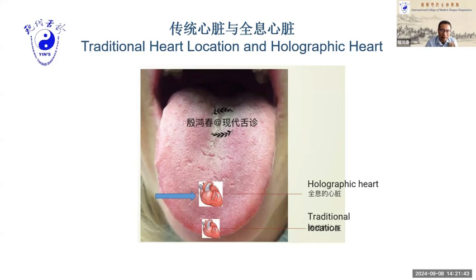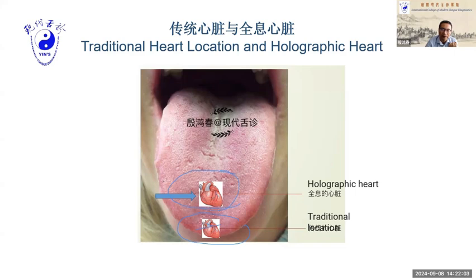If you talk about this in the traditional Chinese medicine way, this is right. This is correct. But when you talk in terms of the hologram, this is wrong.